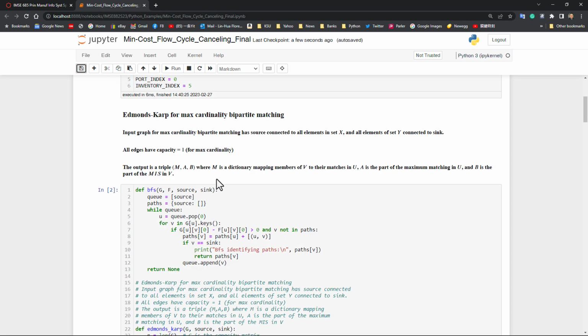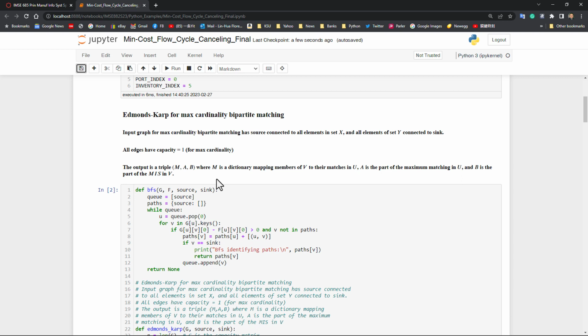The first subroutine we're going to introduce is the Edmonds-Karp maximum flow algorithm, which is a standard algorithm for solving maximum flow problems. I know we haven't talked about maximum flow algorithms in our lecture yet, but this is one of the most popular implementations for maximum flow.